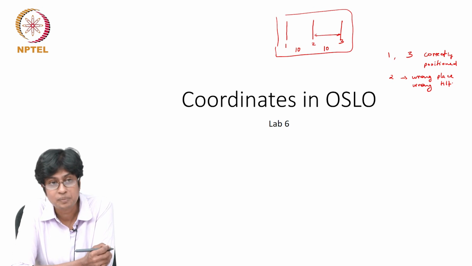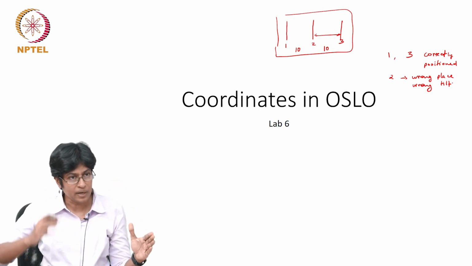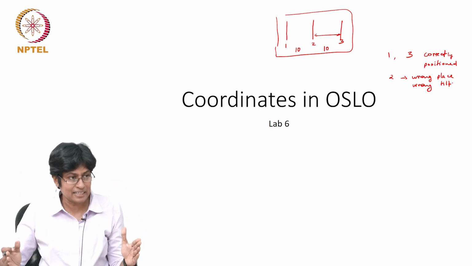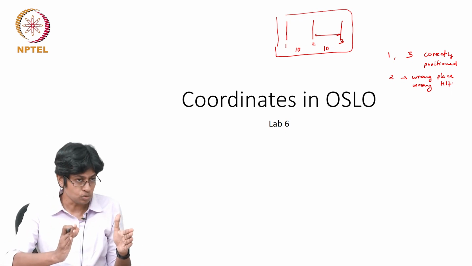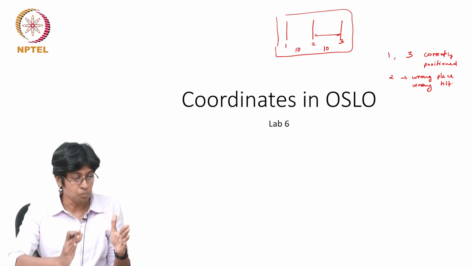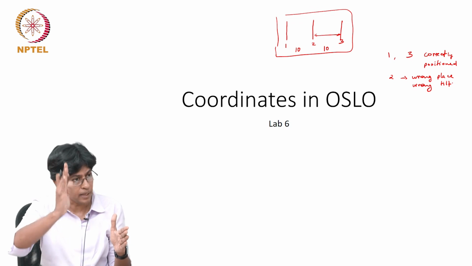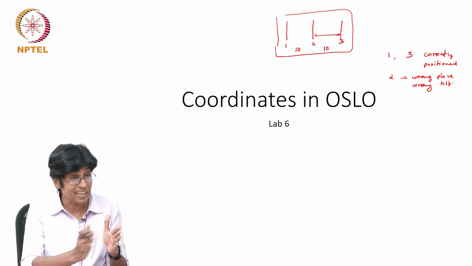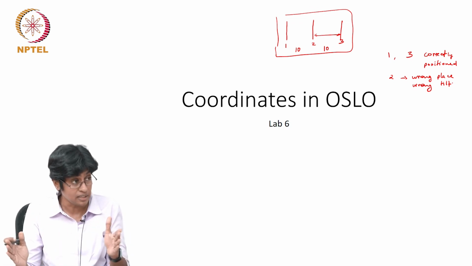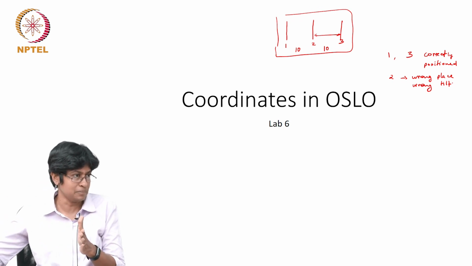Now, I want to be able to place element 1 and element 3 correctly and move element 2. I could move it in the x direction, move it in the y direction, move it out of the correct place in the z direction, but not move element 3.